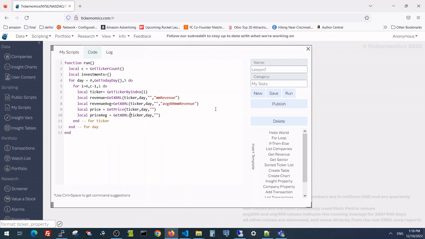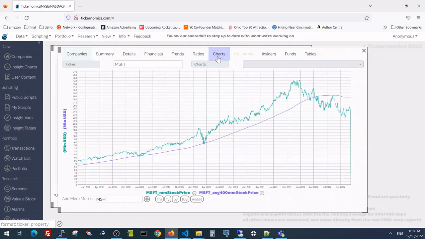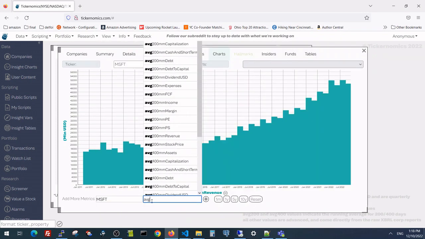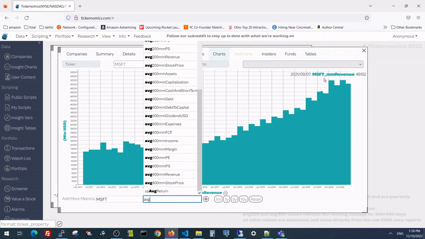Use get XBRL, I think it was called. Let me just check. Average 400 stock price. Oh, we can just use that.